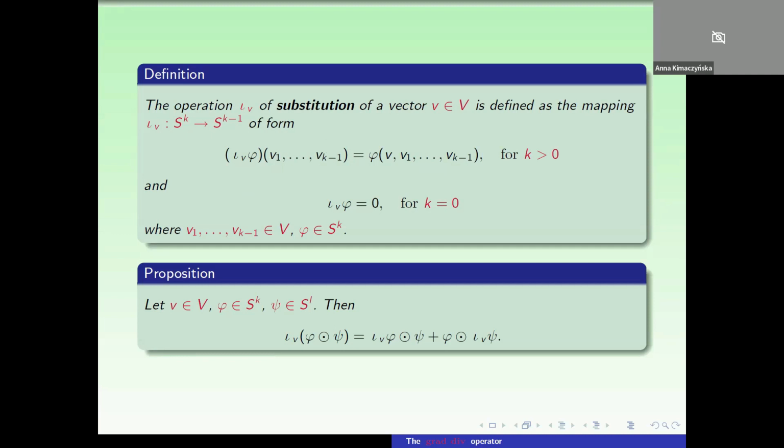And we have the following proposition: i_v of phi times psi is i_v phi times psi plus phi times i_v psi.